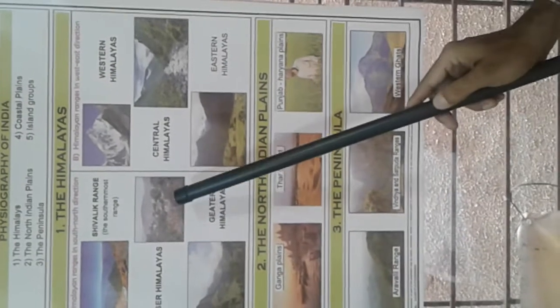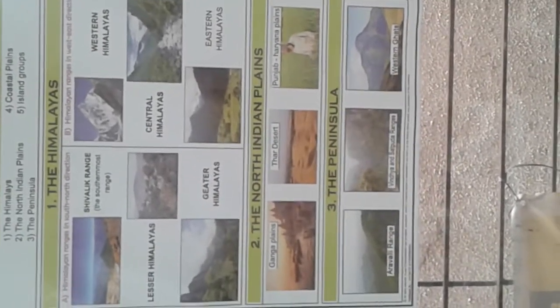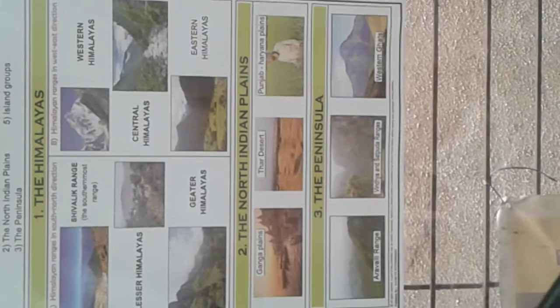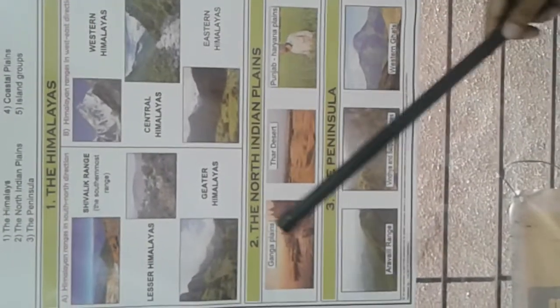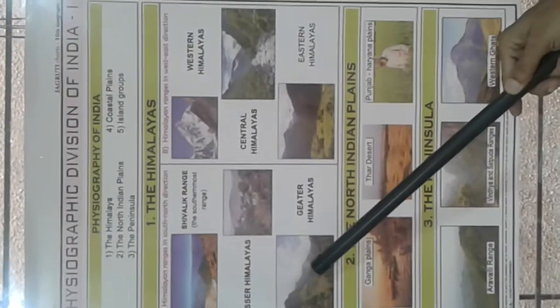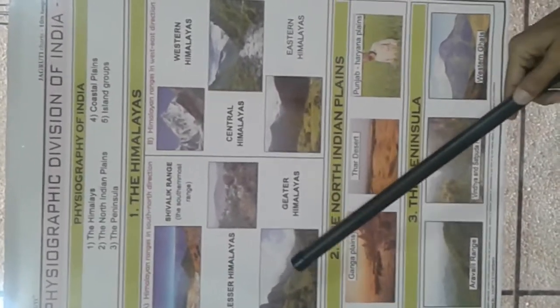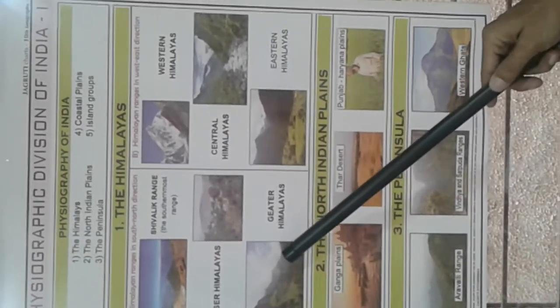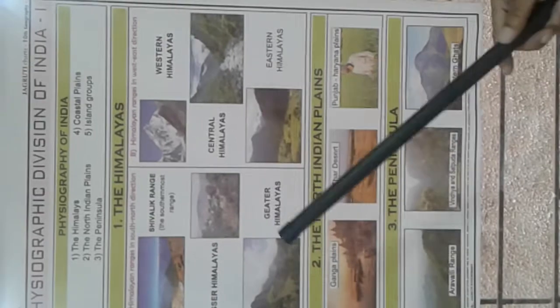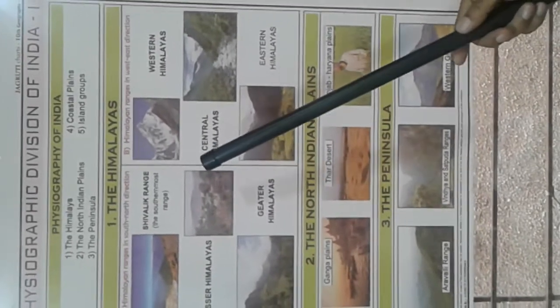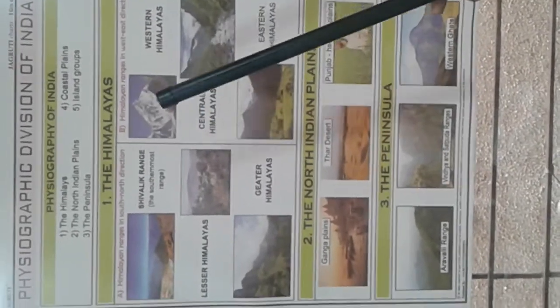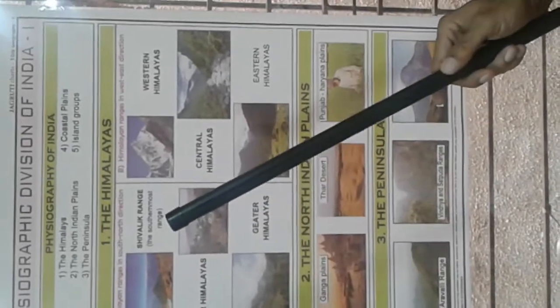They are called the Lesser Himalayas. And north of the Lesser Himalayas, you see the Greater Himalayas, also called Himadri. To the north of them are the Trans-Himalayan ranges.